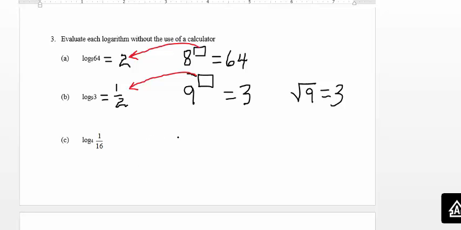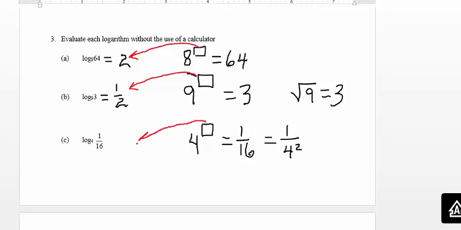And then here we want to know what power do you apply to 4 to get 1/16. Well, remember 1/16 is the same as 1/4 squared. And the properties of exponents say if I want to bring that 4 across the fraction bar into the numerator, the exponent changes sign.